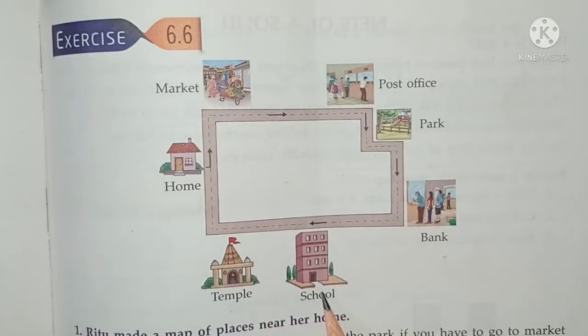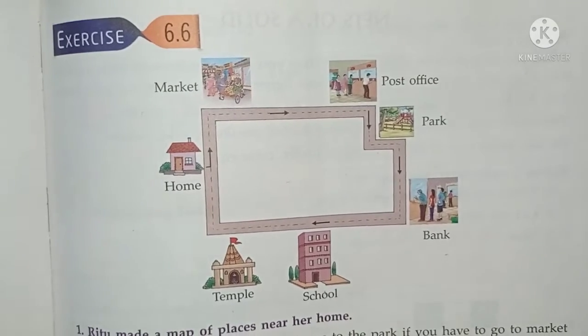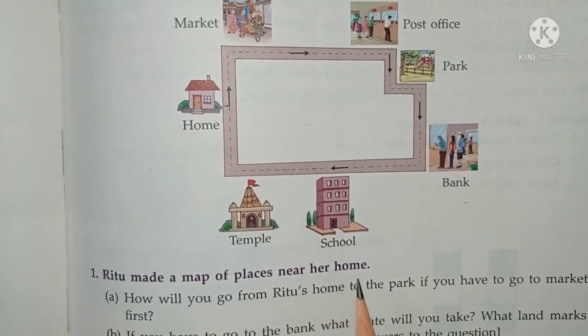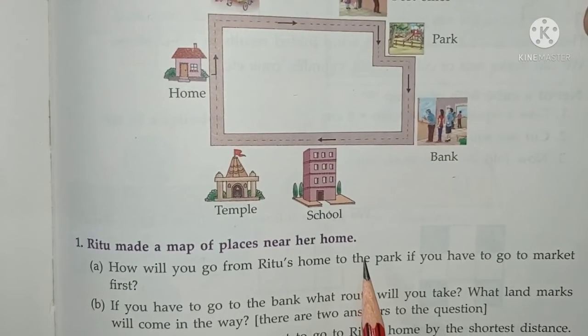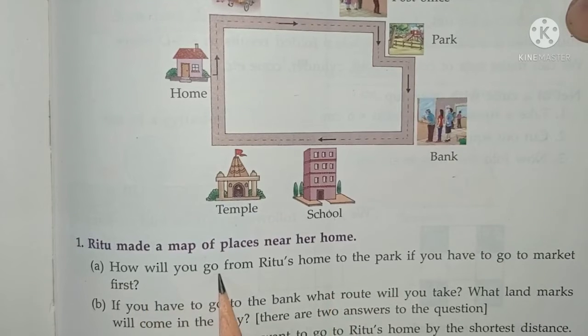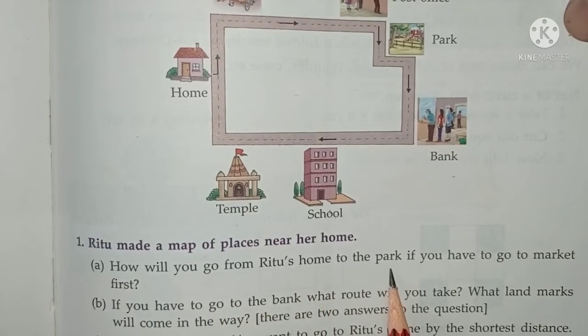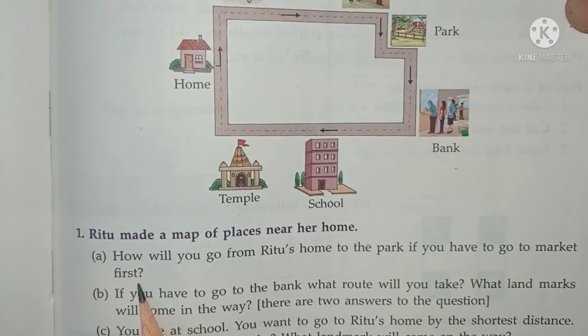Now, as per question number 1, Ritu made a map of places near her home. For part A, how will you go from Ritu's home to the park if you have to go to the market first? So, what will be the steps?